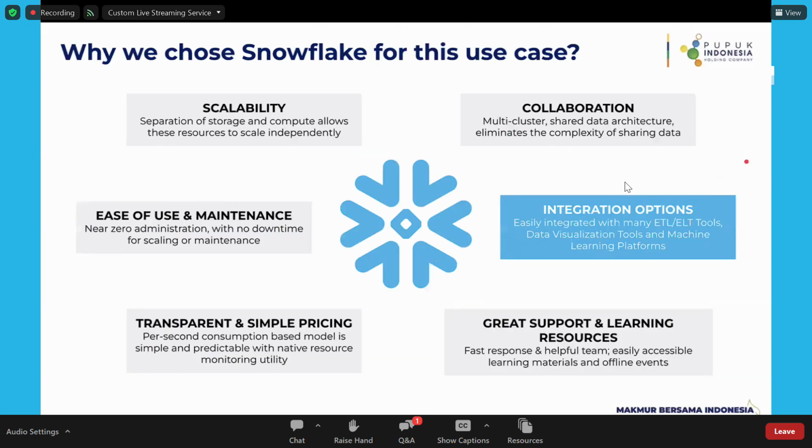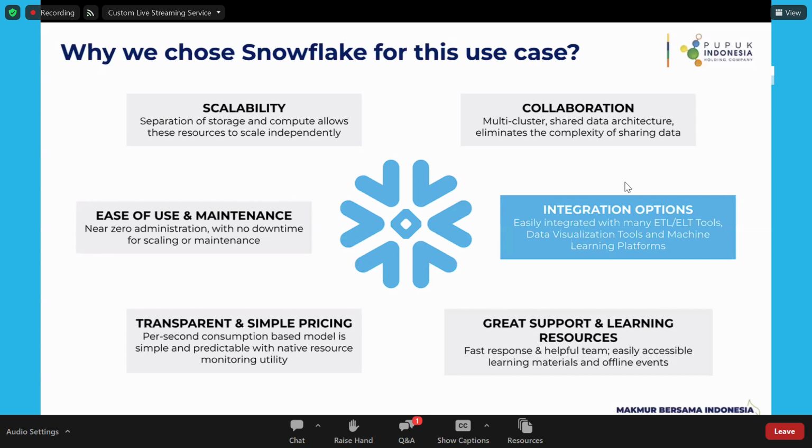And why did we choose Snowflake for this use case? There are a lot of benefits that Snowflake can offer. But I think the main reason in this use case is its integration options. Snowflake can be easily integrated with a lot of platforms.